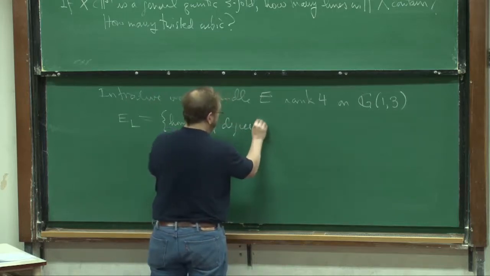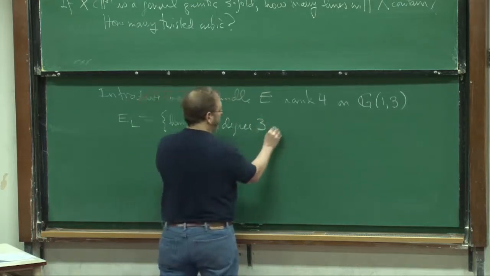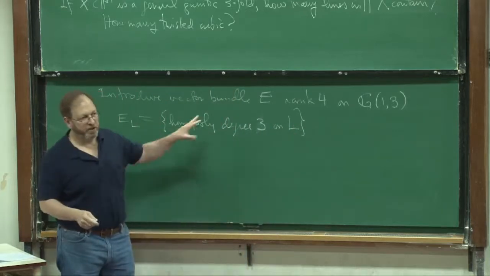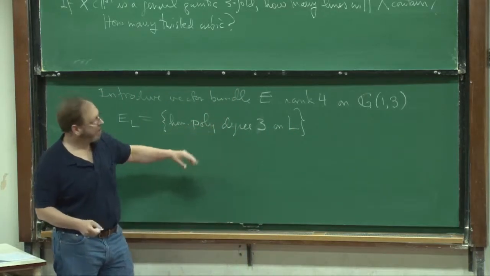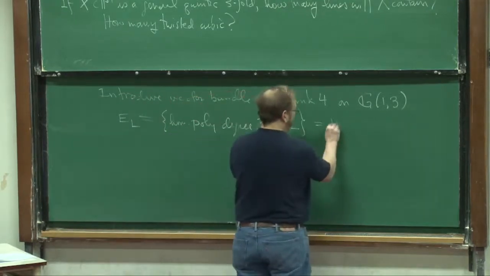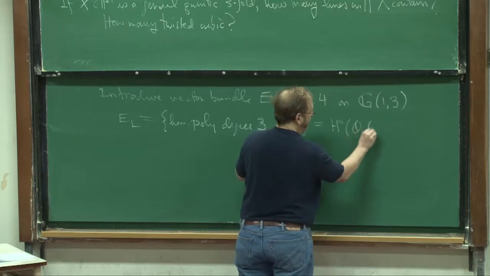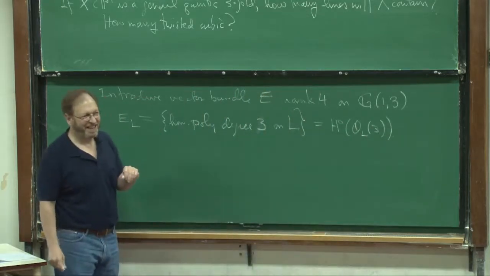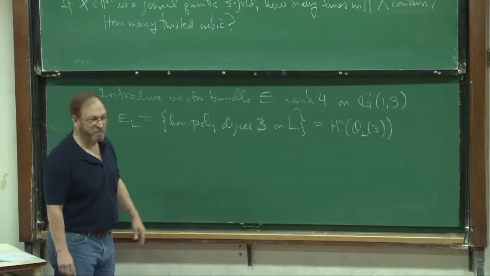Well, let's be concrete. Degree 3, we're looking at cubics, on L. It's a very concrete object. If you want to make it a little bit fancier, you call this, of course, H naught of O_L(3). But this is what we mean by it.